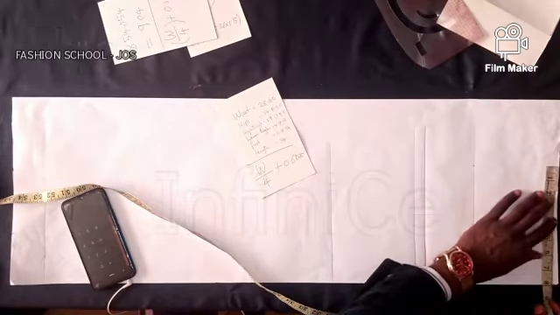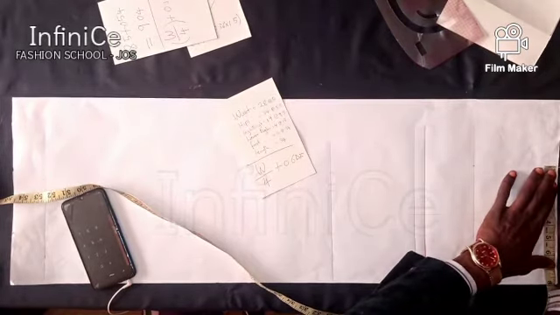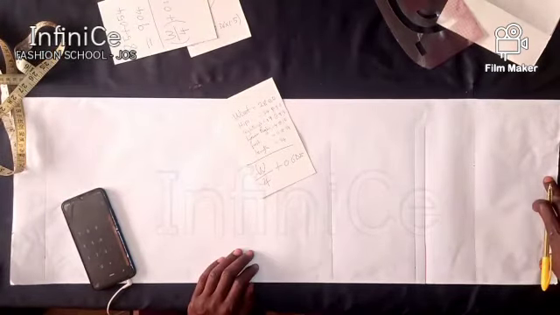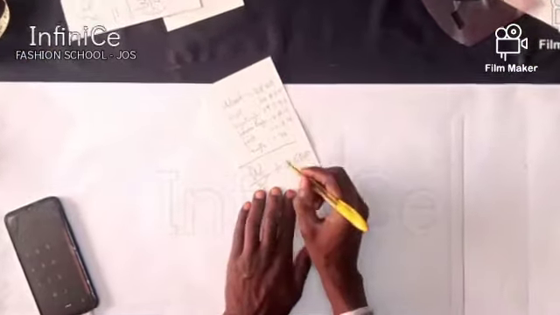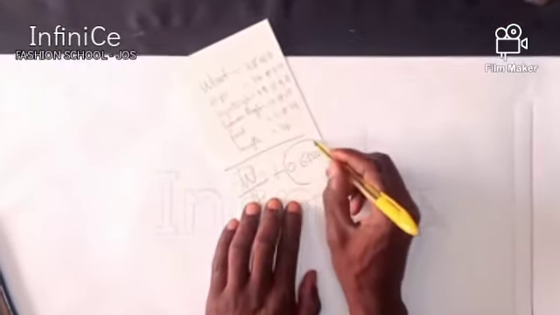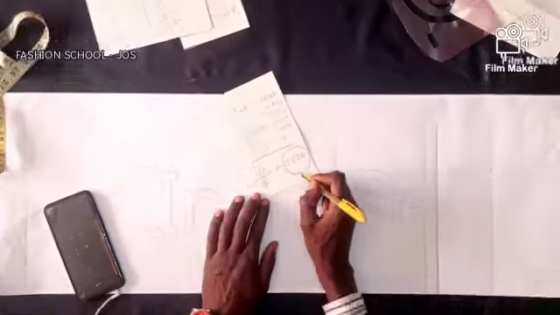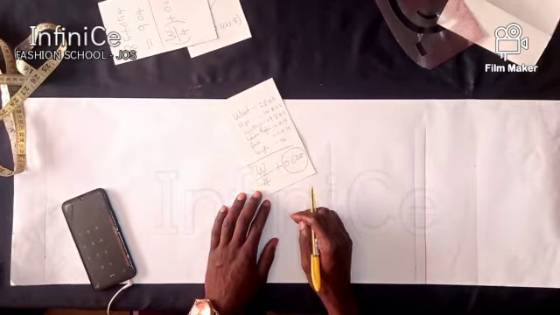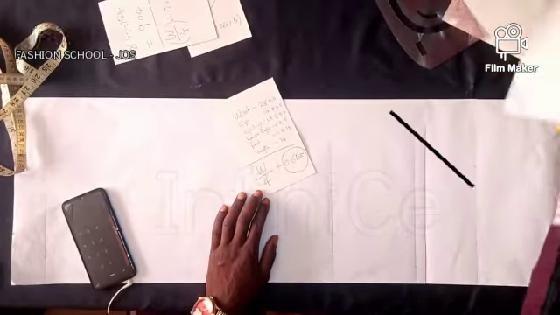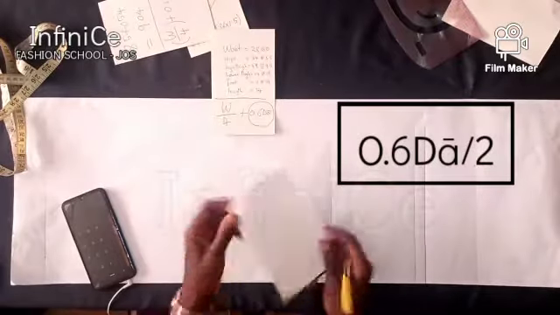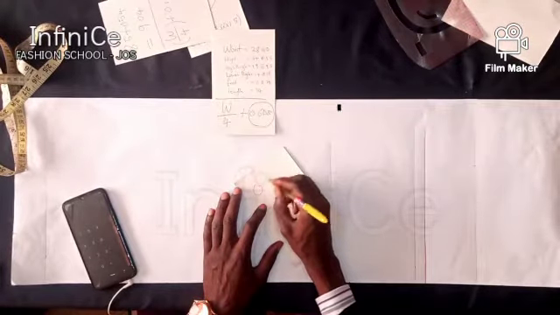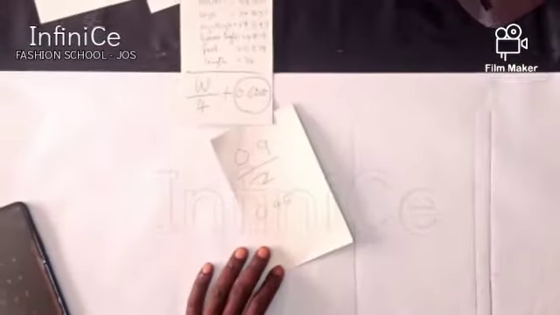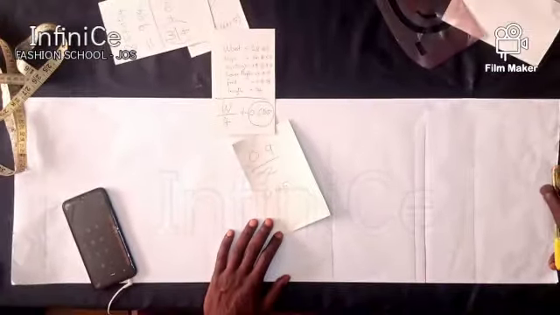Then repeat it on the waist. Now on this waist side, take this 0.6 DA, which was 0.9. Divide that 0.9 by 2. You get 0.45. Now measure each of these 0.45 here and here.